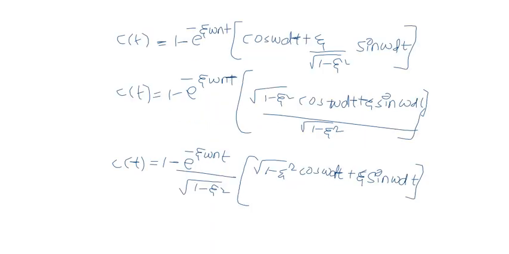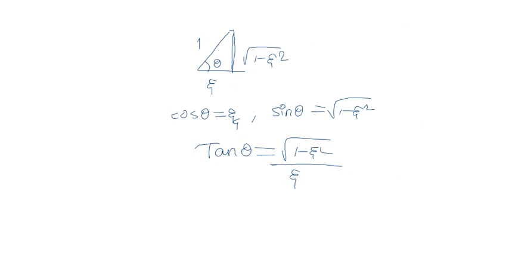So we are substituting the sin theta cos theta values here. Wherever we are having under root of 1 minus zeta square, we have to replace this one with sin theta, and wherever we are having zeta, we have to replace this one with the cos theta. Then the C of t value becomes 1 minus e power minus zeta omega nt divided by under root of 1 minus zeta square.